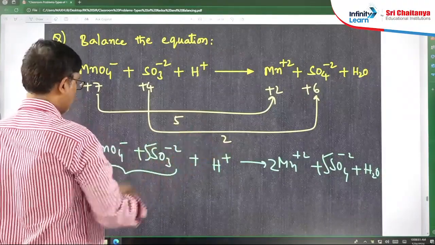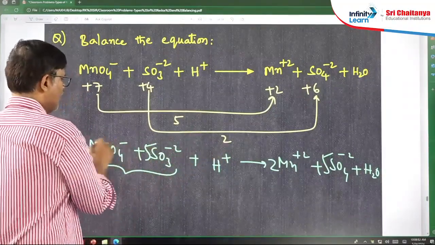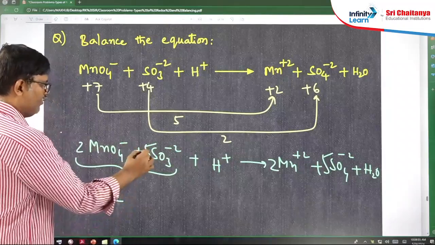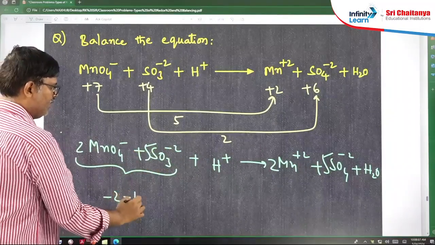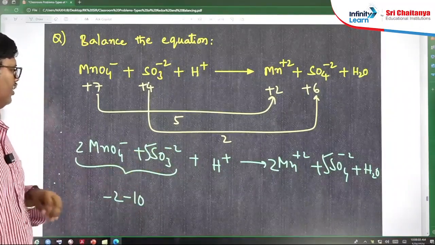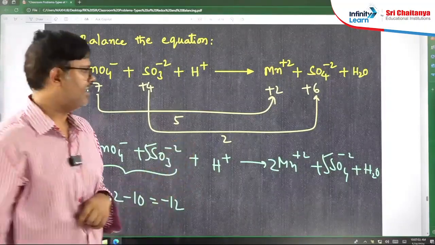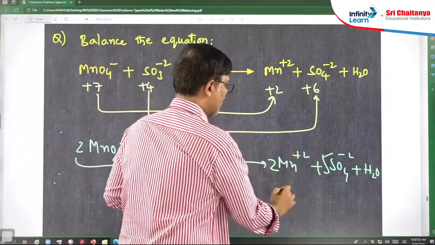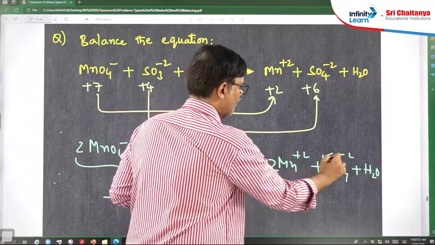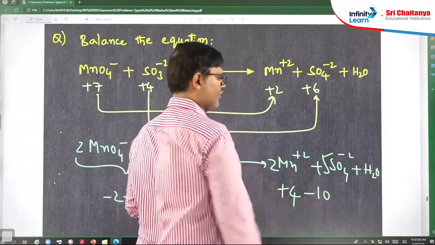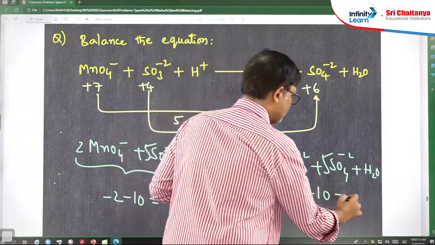Using this only we have to achieve the balance. So here 2 into -1, -2, 5 into -2, -10. So total -12. Right side 2 into +2, +4, 5 into -2, -10. So it is -6.